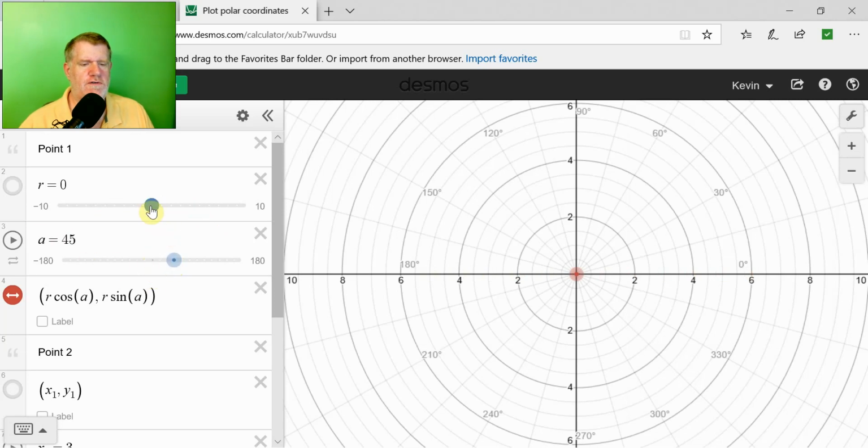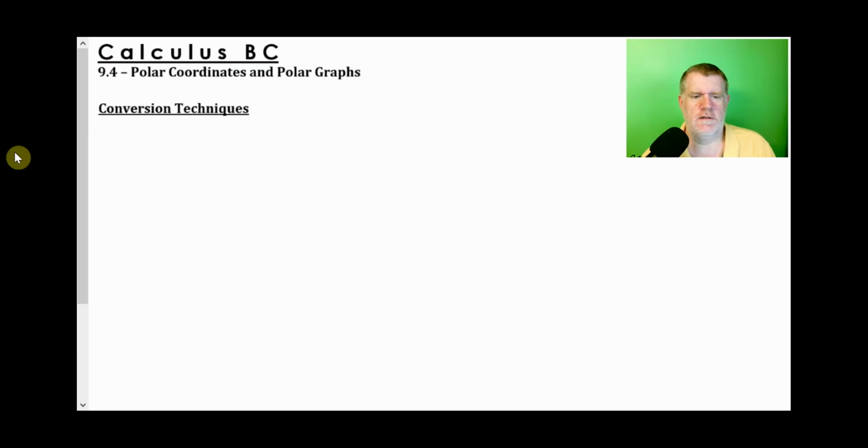So here's 45 degrees and a radius of 4, it's easier to see. So a polar coordinate is a radius and an angle. And of course your angle can go all the way around, and your radius can go out or in, and remember, when it's negative, it's reversed. All right, a quick little reintroduction to polar coordinates.